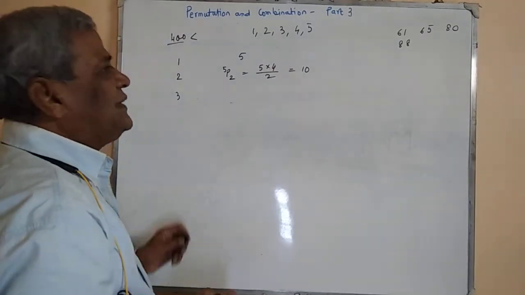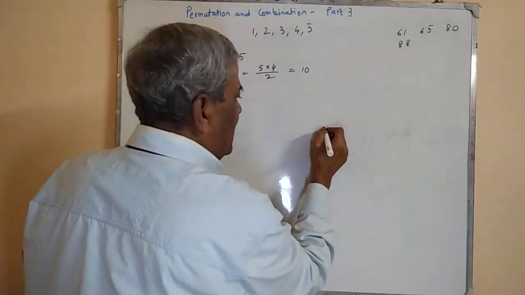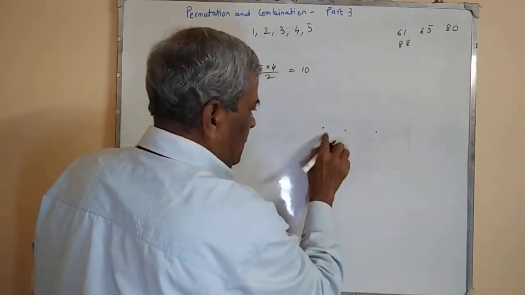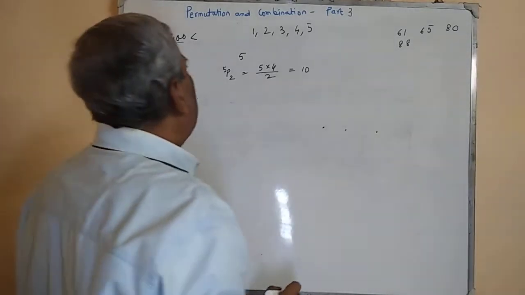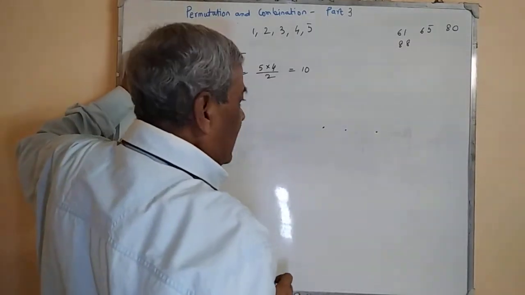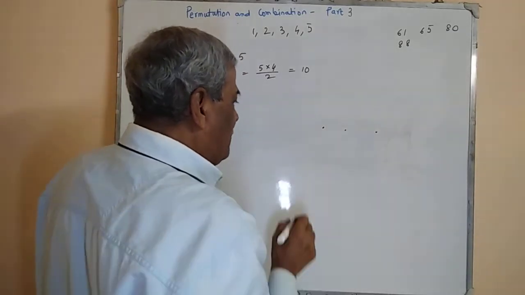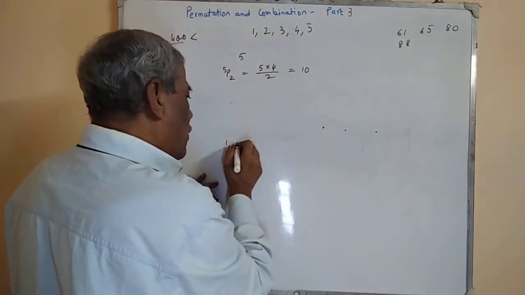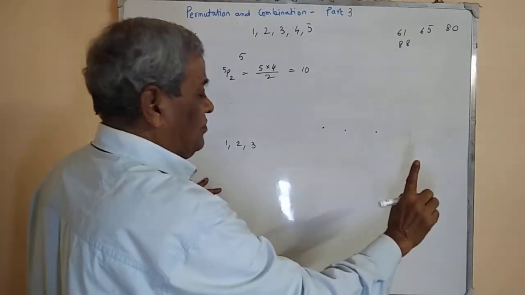Now, three digit number less than 400. Three positions are to be filled up. As the number is less than 400, the 100 position can be filled either by 1 or by 2 or by 3, not by 4, not by 5.